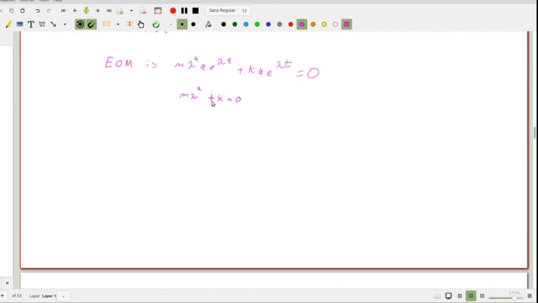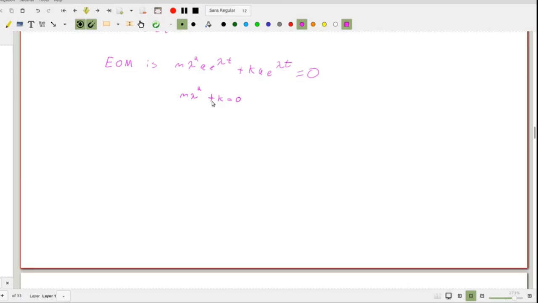So this can be done because our Ae^(λt) is never actually going to equal 0, right? Therefore, the equation itself is never divided by 0. Makes sense? It just kind of doesn't matter too much. But the quadratic formula, so we can solve this using the quadratic formula, right?